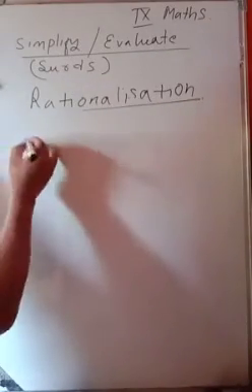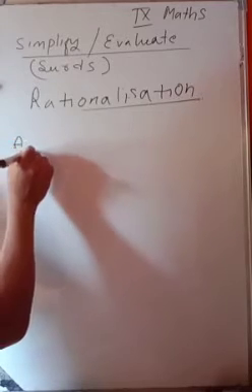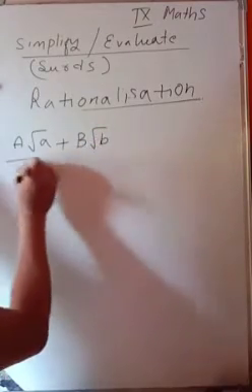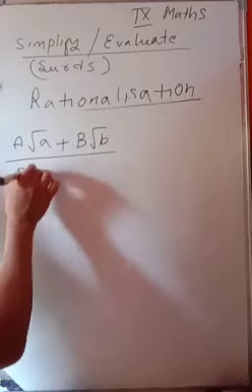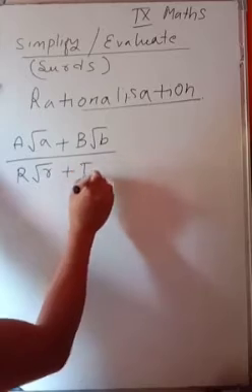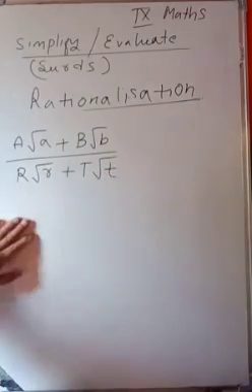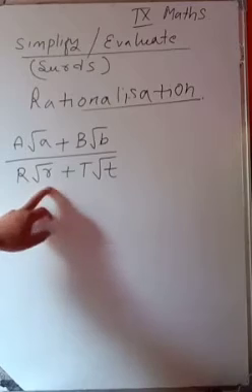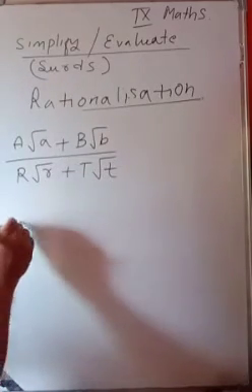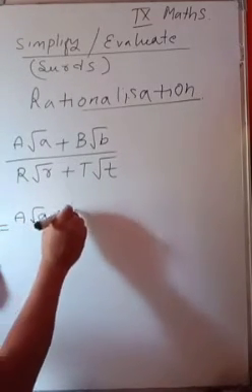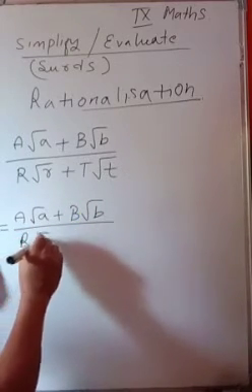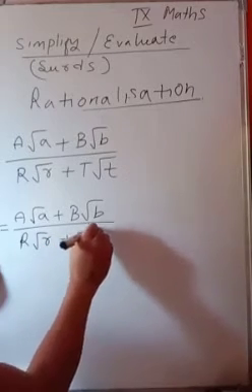And there is another formula. Let the number be a root a plus b root b divided by r root r plus t root t, all inside the square root. How to solve? In the next line, first you have to write the same thing, a root a plus b root b divided by r root r plus t root t.